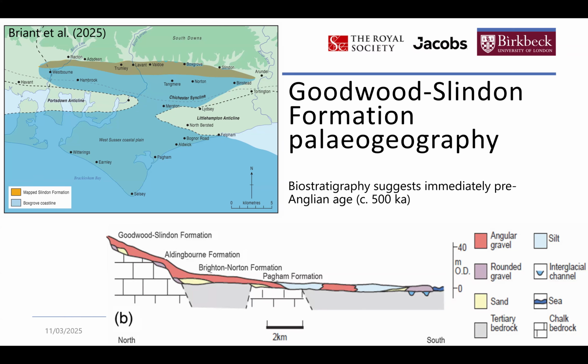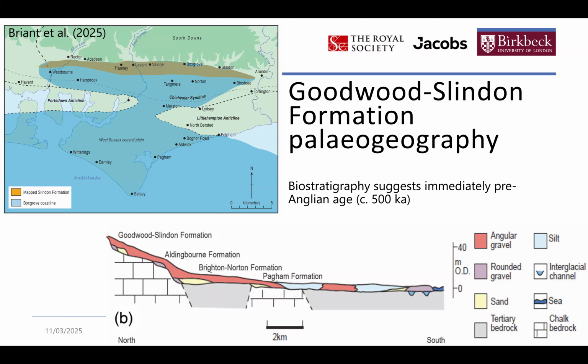And so the diagram on the bottom just gives you a picture of how these raised beaches kind of go down the hill from the Goodwood-Slindon at the very top to the coast. And you can see the orange, which is the covering of slope deposits, and there's a lot of that. But it's possible to reconstruct where the coastline was.